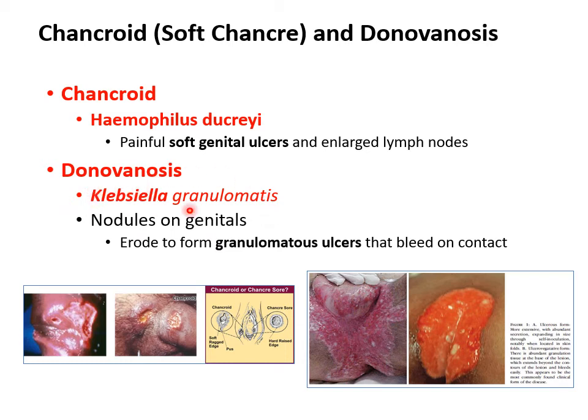I always mess up on that bacteria, but mainly when you see Klebsiella, think donovanosis. And donovanosis also causes ulcers, but this is granulomatous, which basically means a lot of times they have a harder kind of clumped appearance to them, and they bleed a lot on contact.